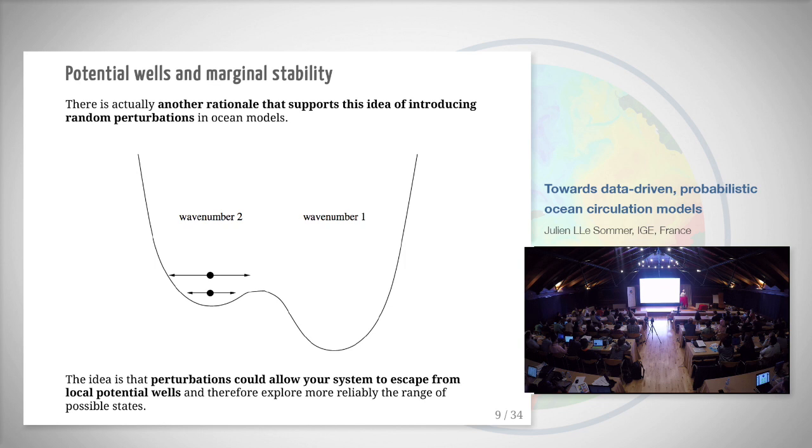And therefore, you want to give the freedom to your system to get out of this well. Okay? You want to give the system the freedom to explore a wider range of possible states. And that's probably one of the ways how it has been introduced for operational purposes in atmospheric forecast, and developed further in particular by authors like Tim Palmer.